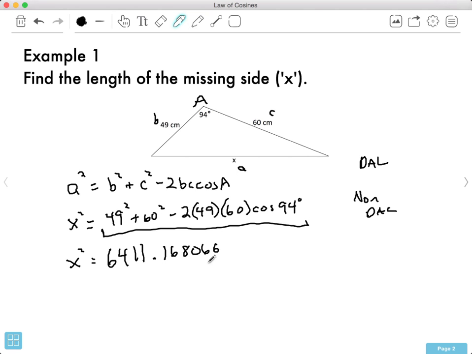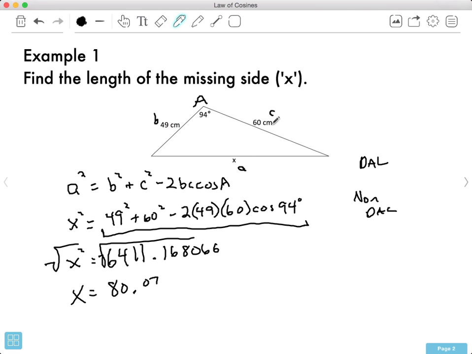You don't even necessarily have to write this step that I'm circling here, but keep this number in your calculator, and your last step is to get rid of the squared on the x. So you want to square root both sides. So you square root that answer on your calculator, and what you should end up getting is, to 2 decimal places, 80.07.